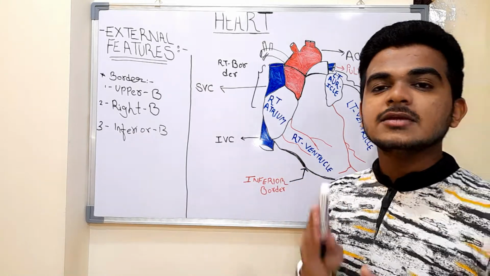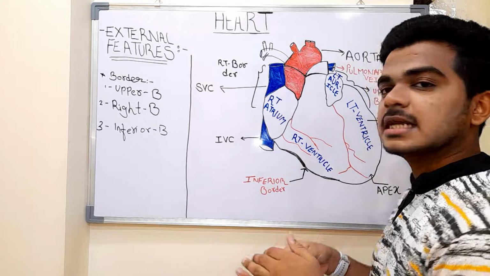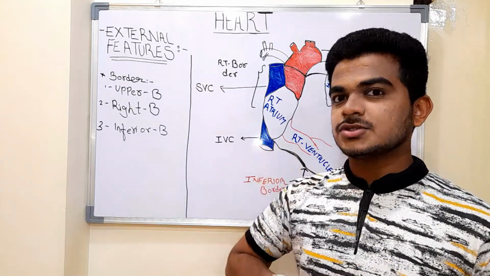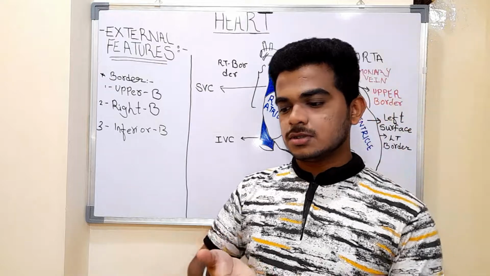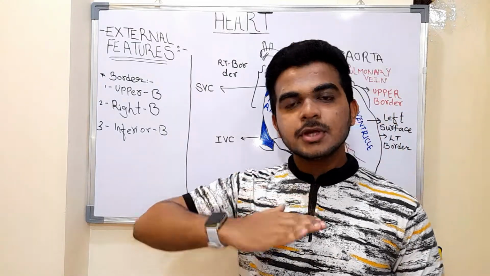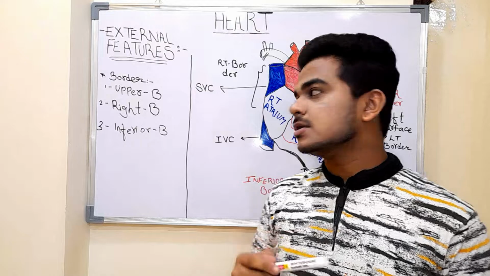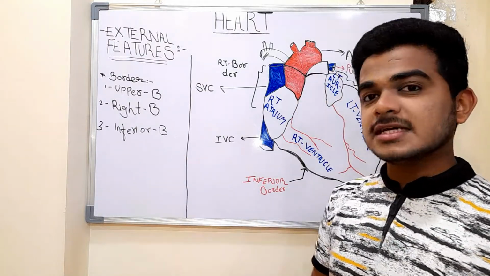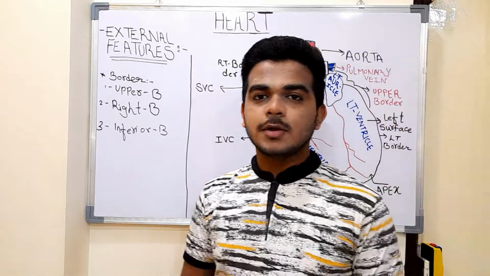In the actual heart, the inferior border goes slightly downwards and backwards. So that is the inferior border, the third border of the heart. Now the last border of the heart is the left border.